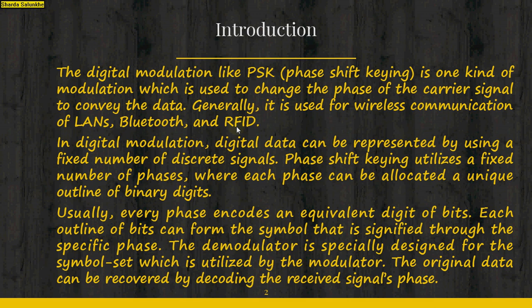Each pattern of bits forms a symbol that is signified through the specific phase. The demodulator is specifically designed for the symbol set which is utilized by the modulator, and the original data can be recovered by decoding the received signal phase.